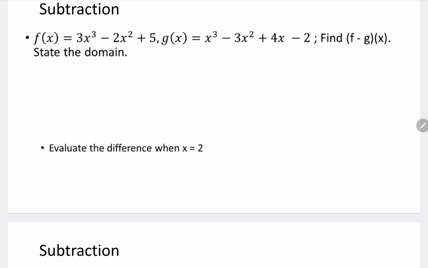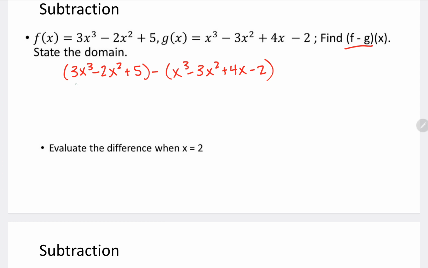The only thing that's different with subtraction is we're going to have to distribute our minus sign, especially with these polynomials when I take f minus g. And order matters. Pay attention to whether it says f minus g or g minus f.